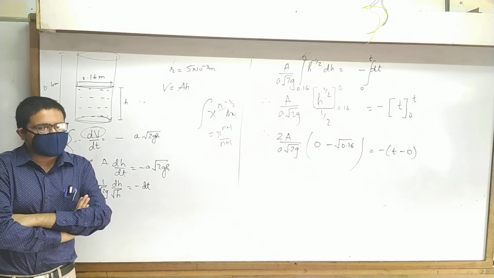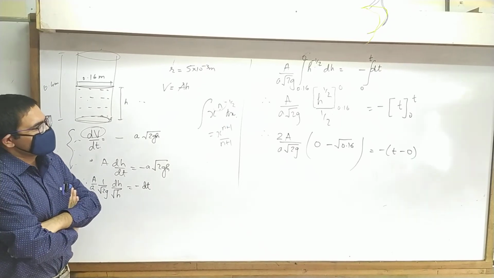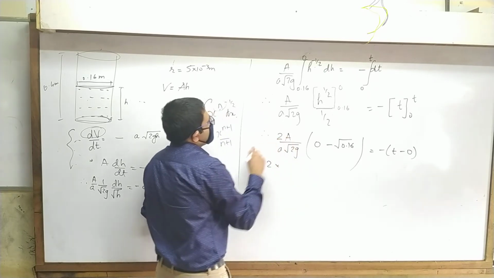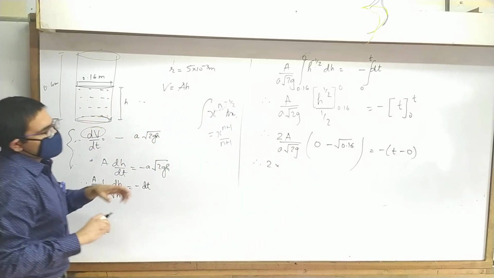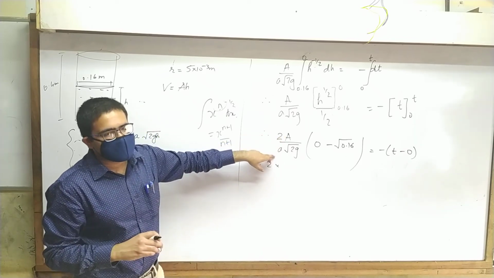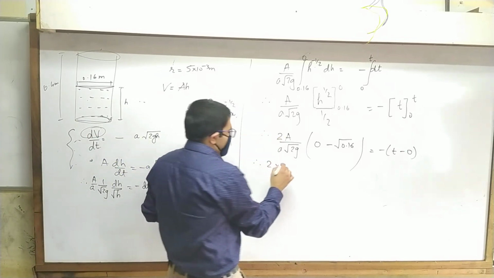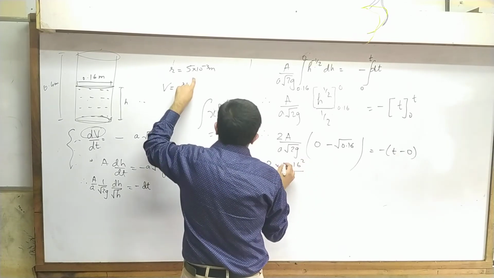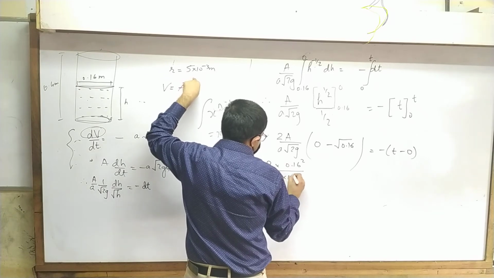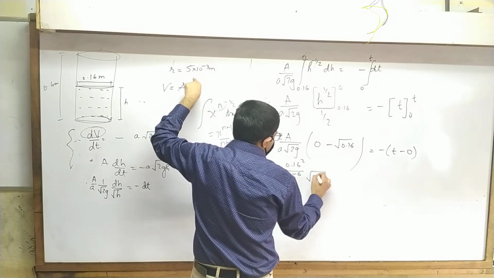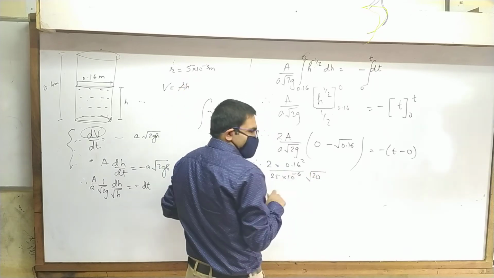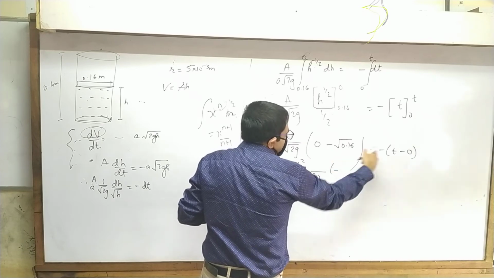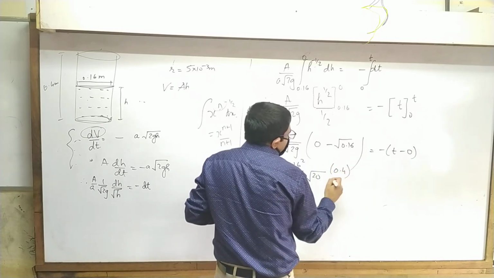Pi is going to get cancelled with the area of the vessel. So it's going to be 0.16 squared divided by the area of the hole, squared, 25 into 10 raised to minus 6, root of 2g is 20, isn't it? Root of 20. Then minus 0.4 is equal to t.